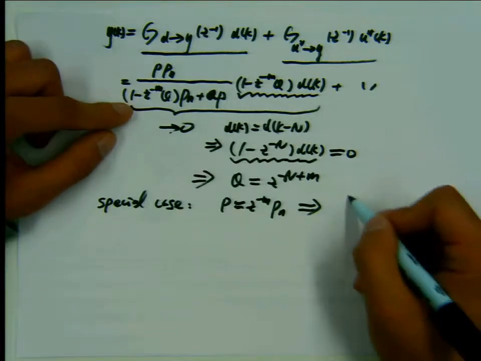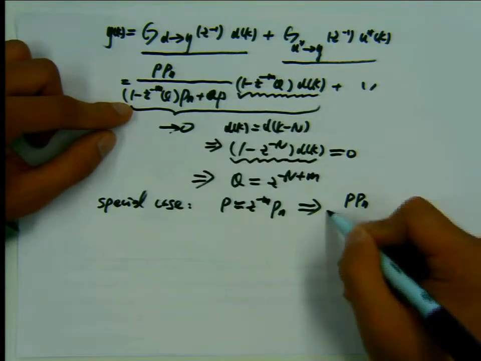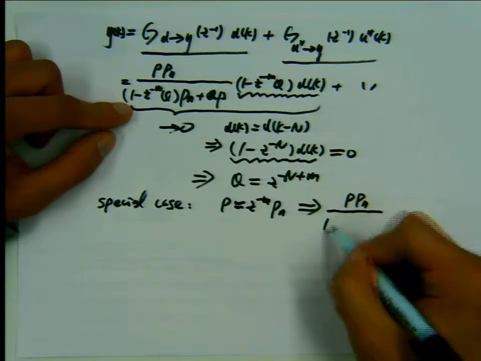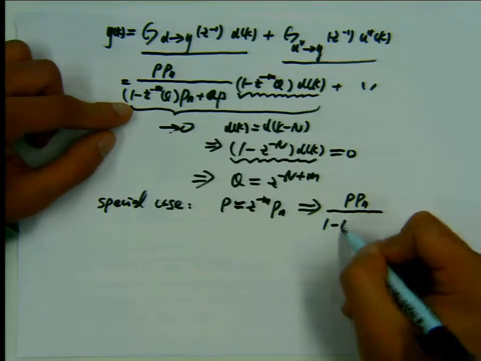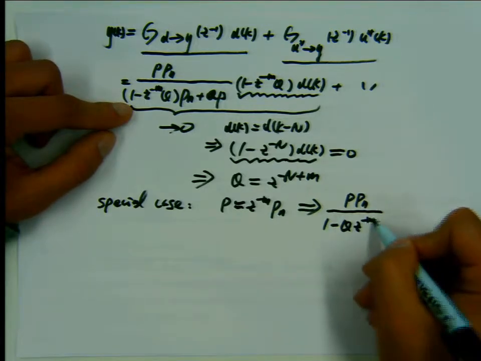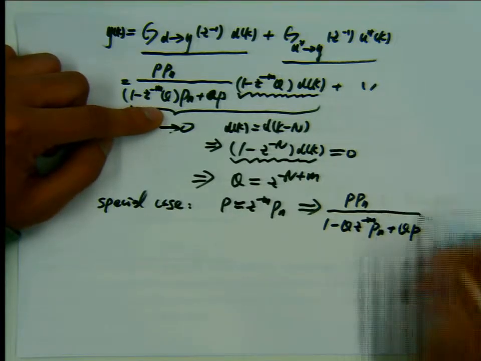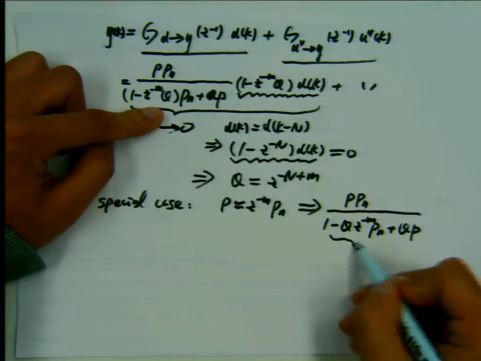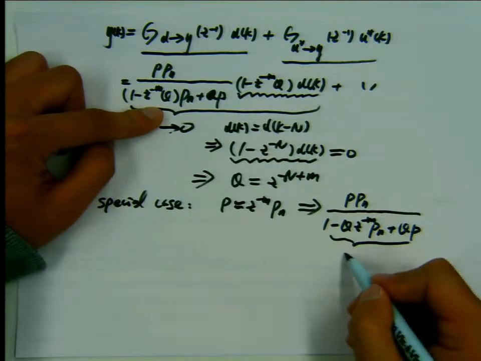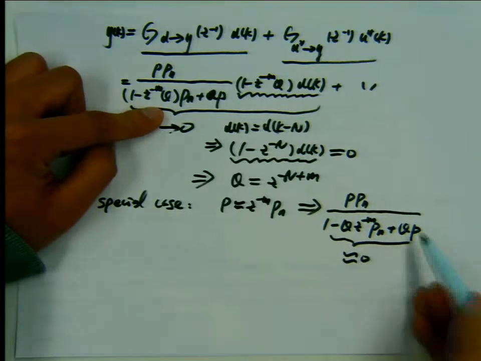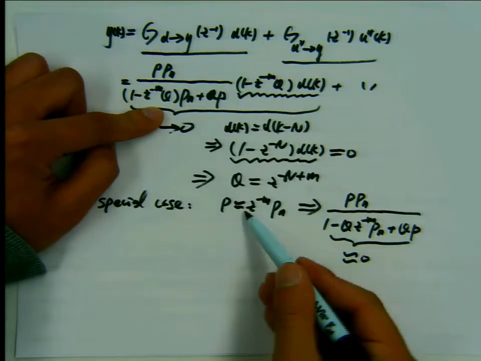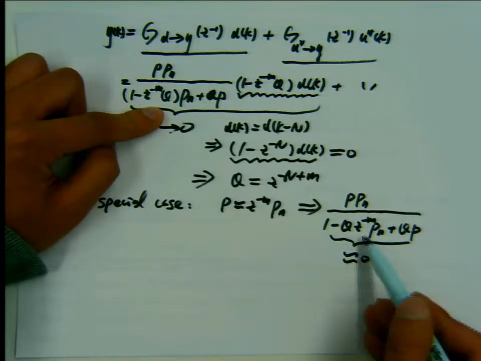This transfer function equals P Pn divided by (1 minus Q z to the negative M Pn plus Q P). You see, this bottom part is approximately 0 if we have P approximately equal to z to the negative M Pn.